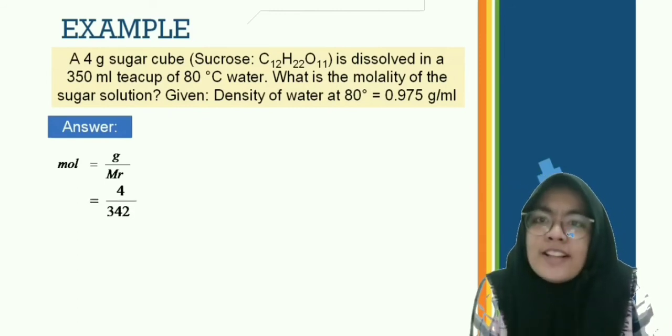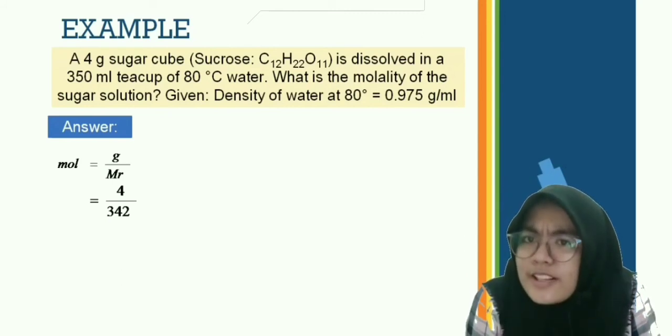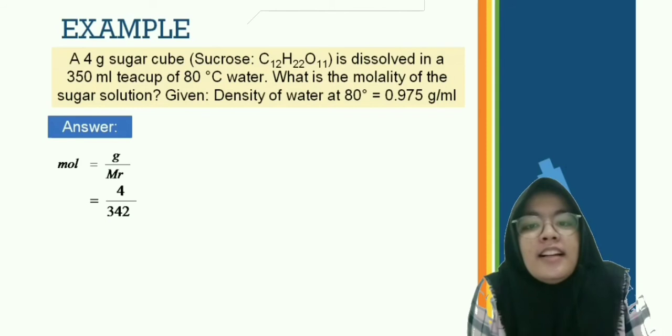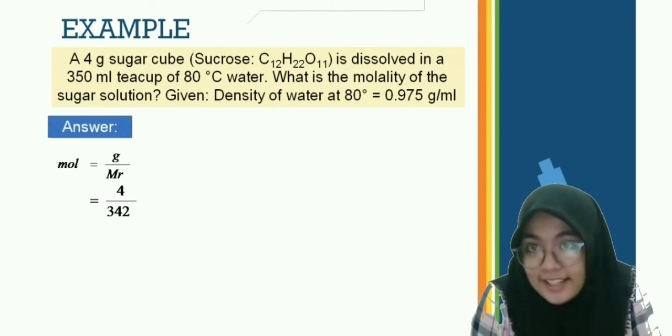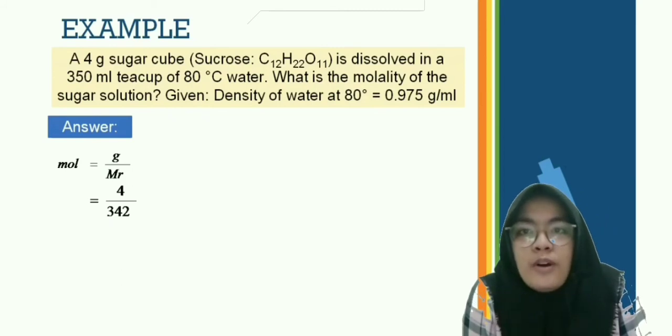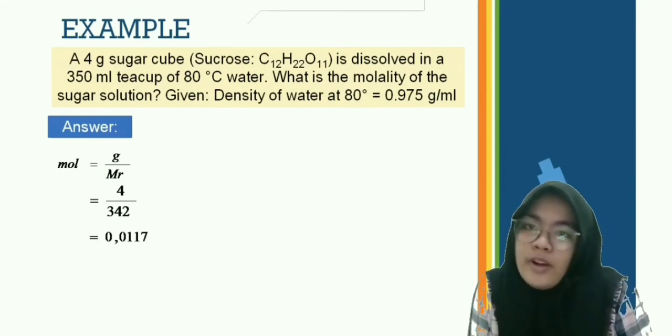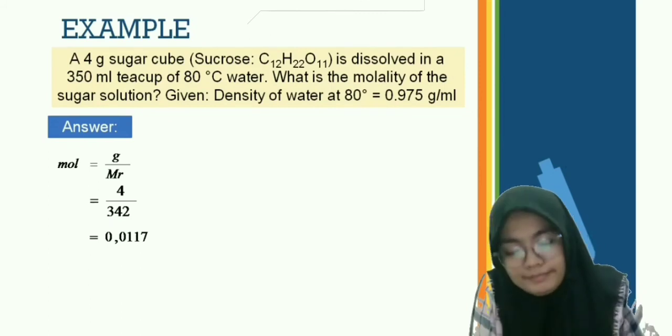And then we have 4/342. How do we find the 342? It's from the sucrose, C12H22O11. The answer is 0.0117.